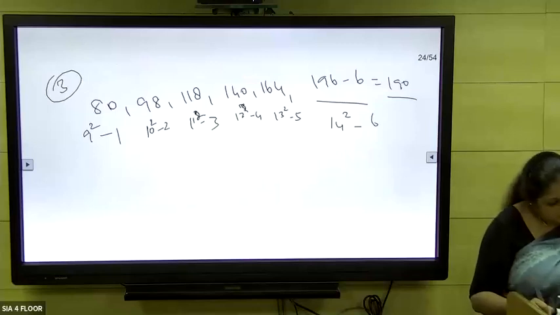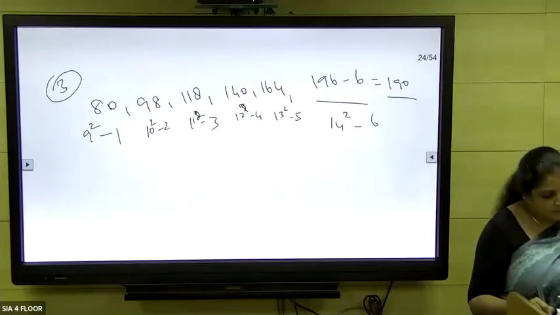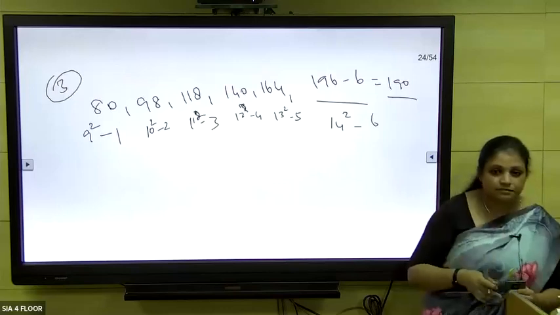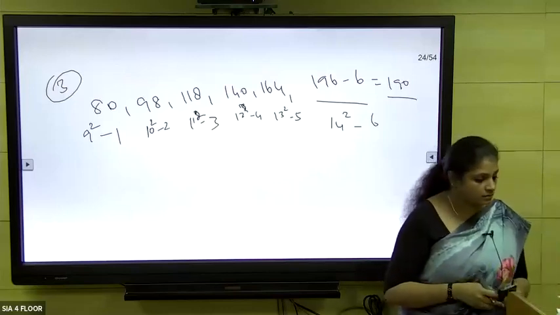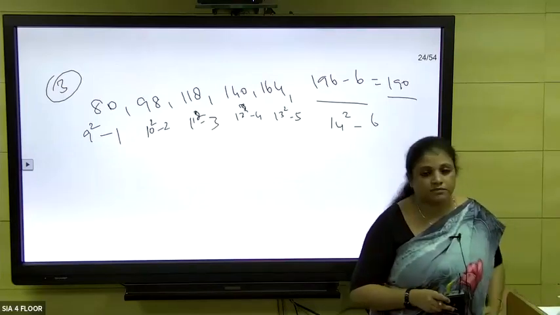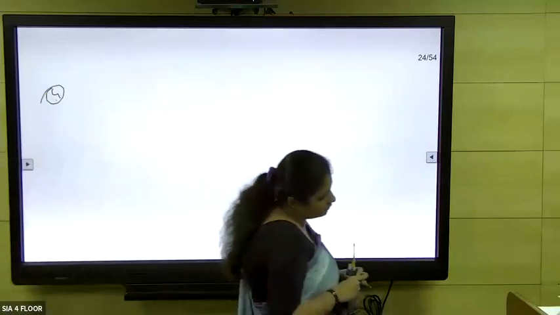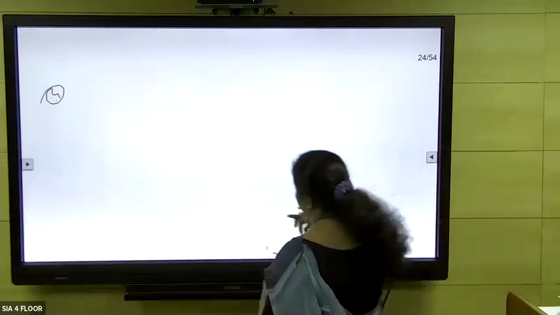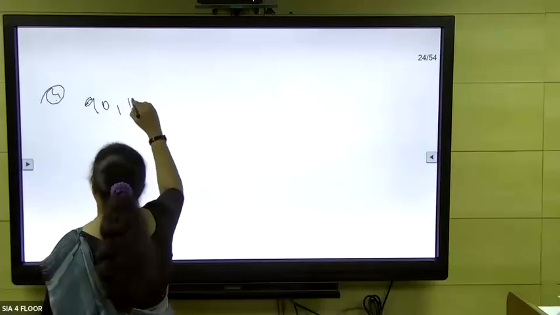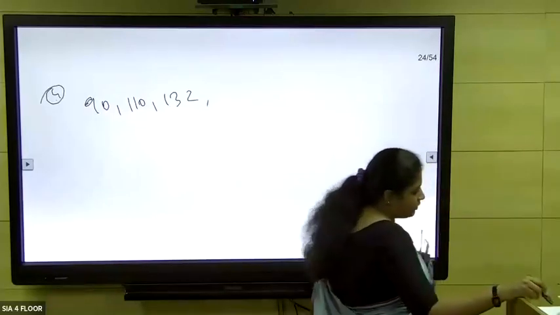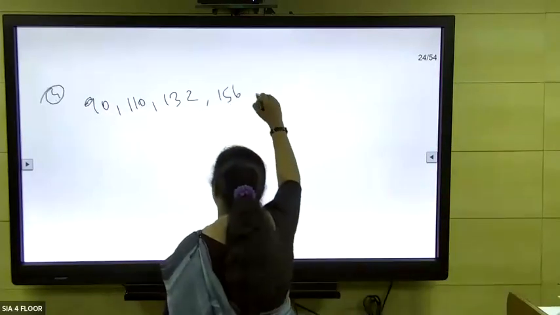So all these are related to square numbers. Next, I think the next one is also related to square numbers. Give me the answer for it. 90, 110, 132, 156, 182.